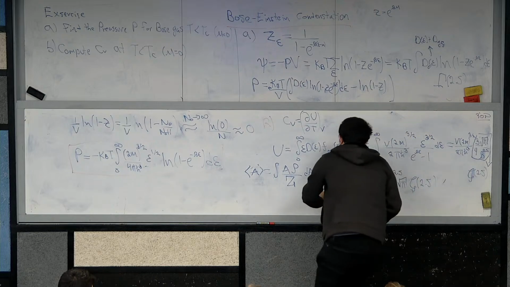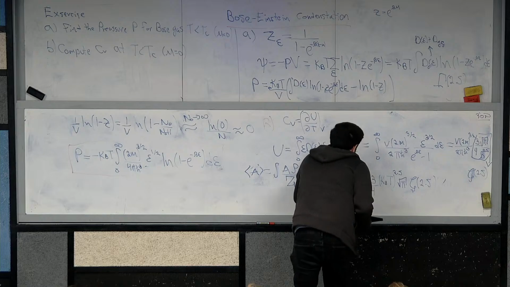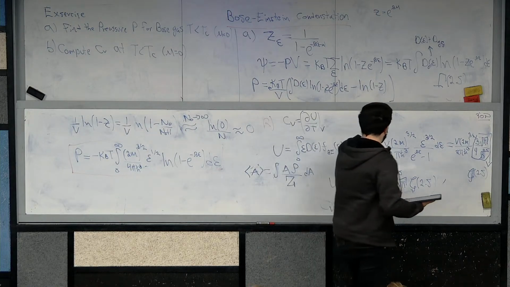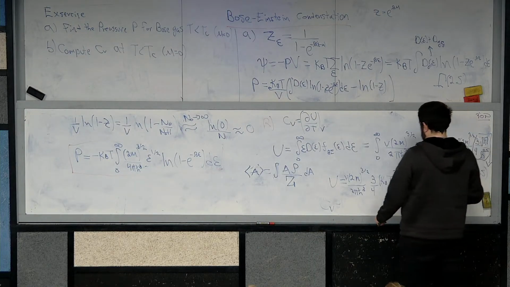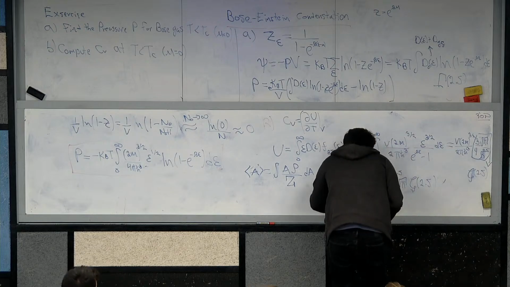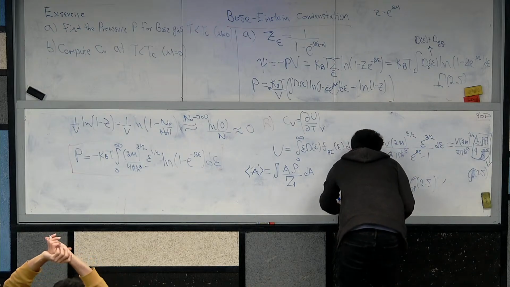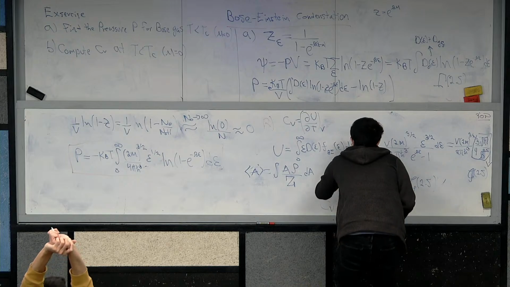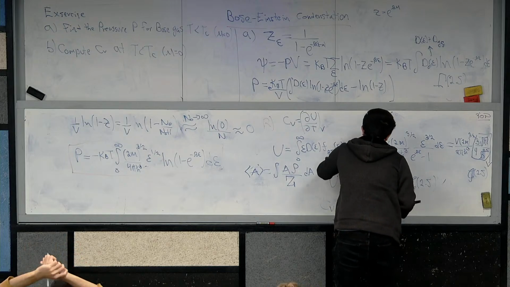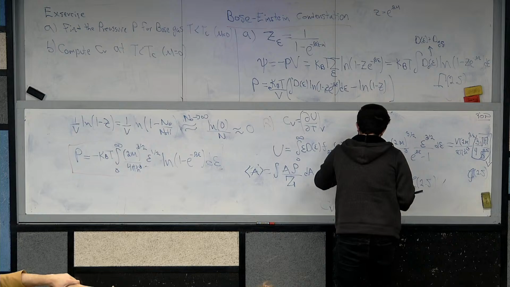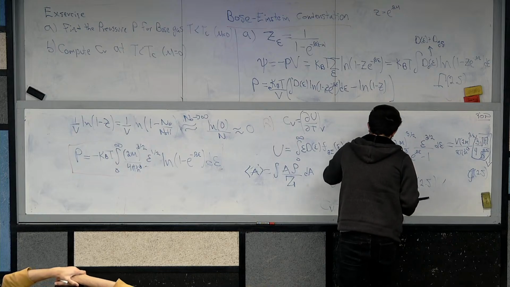And then to get the heat capacity, I only need to take the derivative with respect to T, right? So I will find that this is all... Let me just call all these numbers alpha.